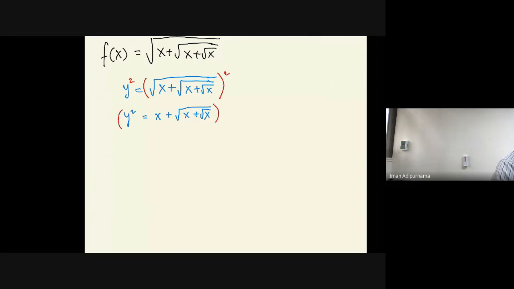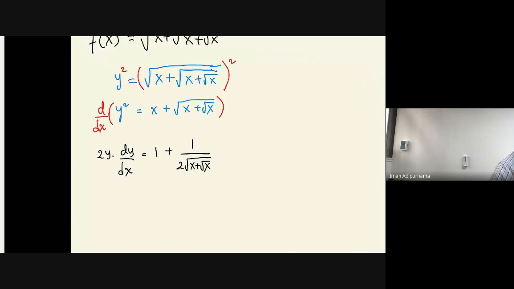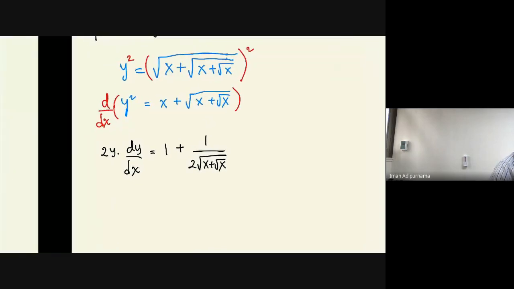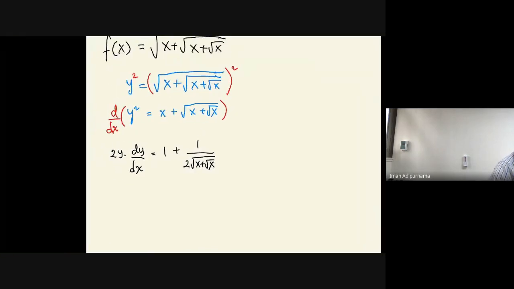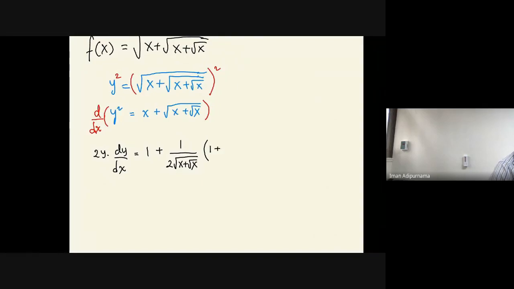This will be 2y dy/dx, and this will be 1 plus 1 over 2 square root of x. And don't forget to multiply with the function inside, so multiply with the 1 plus.